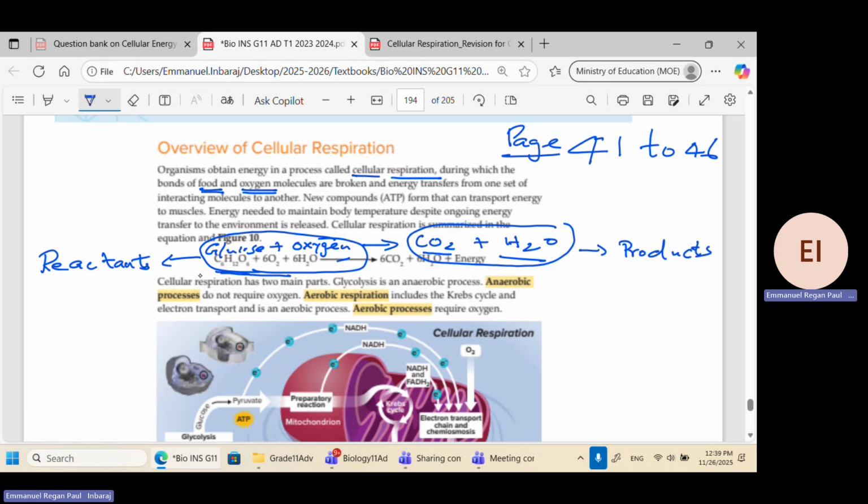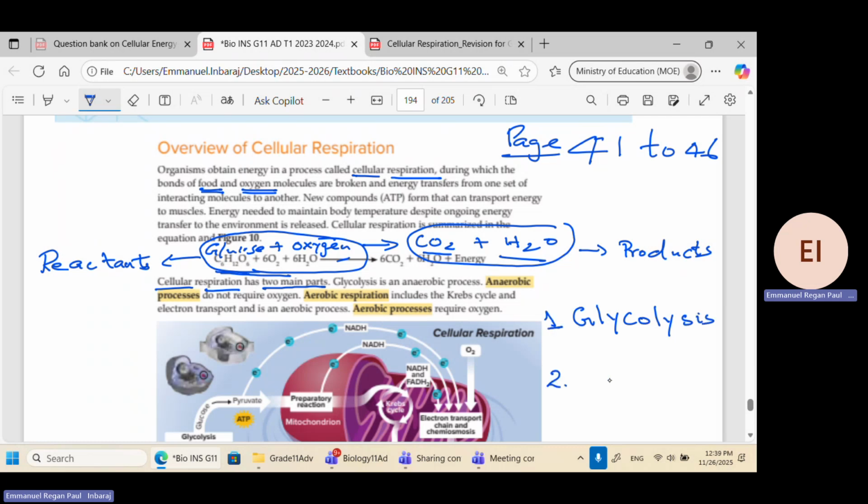Okay, now let's come back to cellular respiration. Cellular respiration takes place in two main parts. The first one is glycolysis. This is the first stage or the first step.